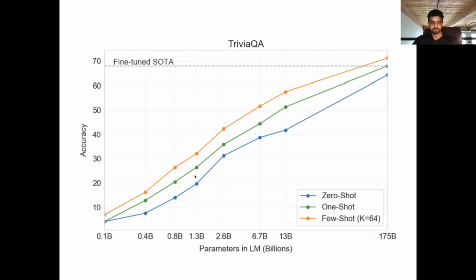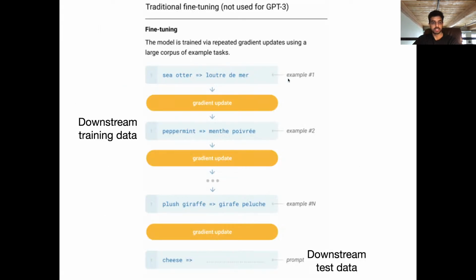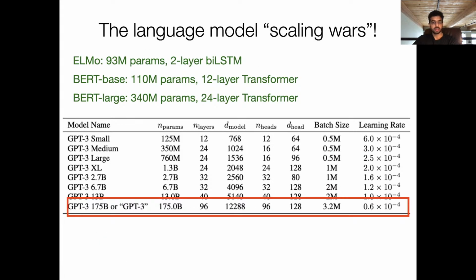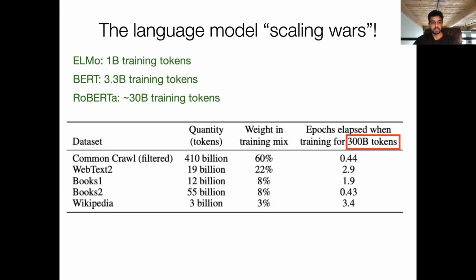The x-axis here is the size of the language model in terms of number of parameters. You can see that with smaller language models, we're very far away from the state of the art, right? Even with 13 billion parameters, we're not really close. And if we go back to a lot of slides here, note that even BERT large is only 340 million parameters.